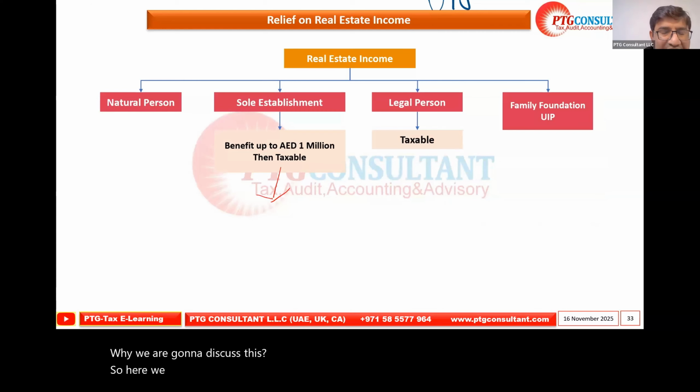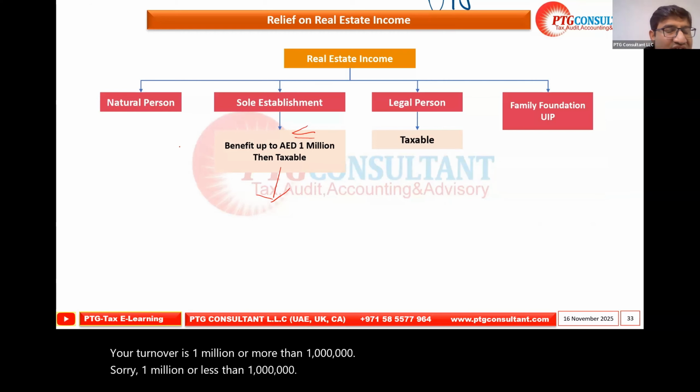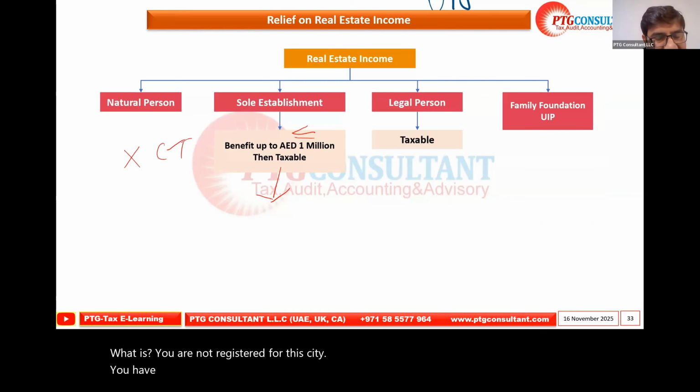Actually, this is saying natural person relief applies if your turnover is 1 million or less than 1 million. You are not registered for the city, you're not registered for the city if your revenue is less than 1 million.